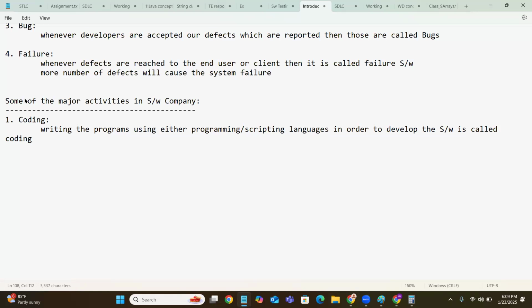So generally, who is responsible for this? Developers. It is performed by developers.